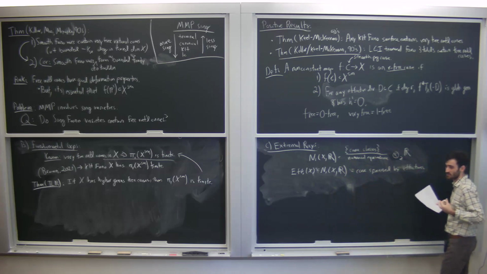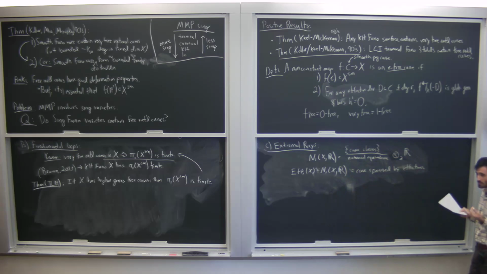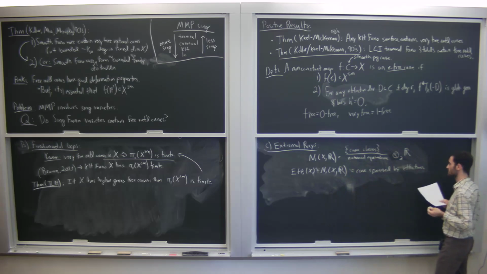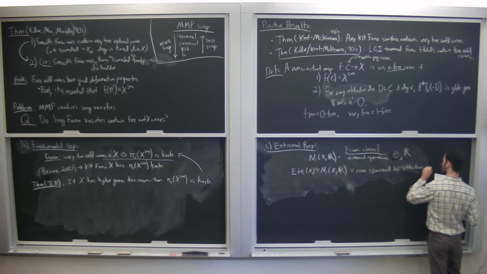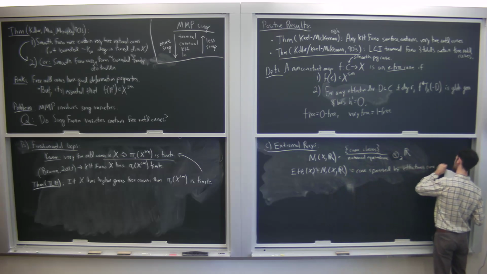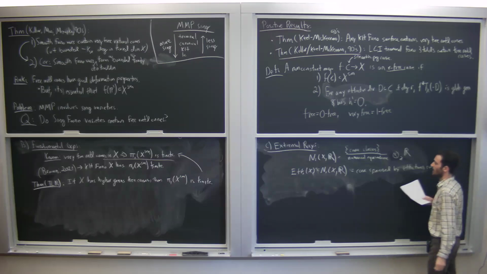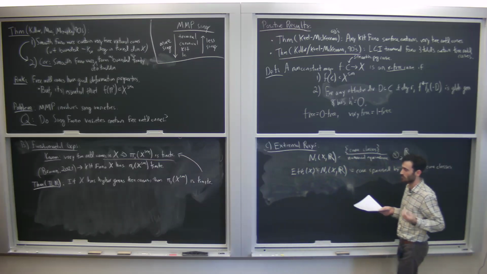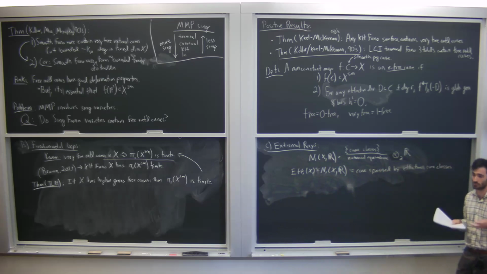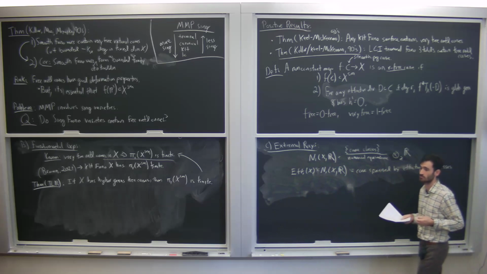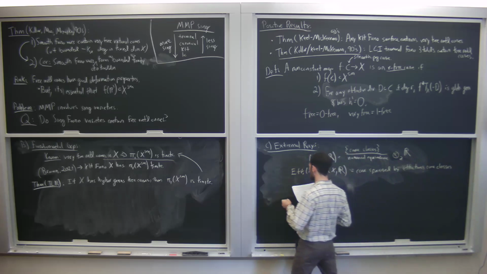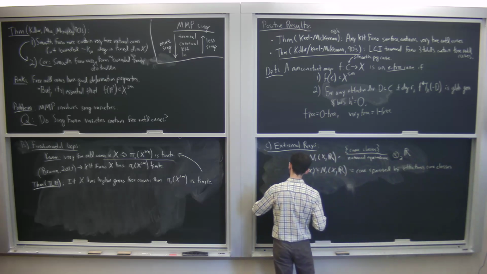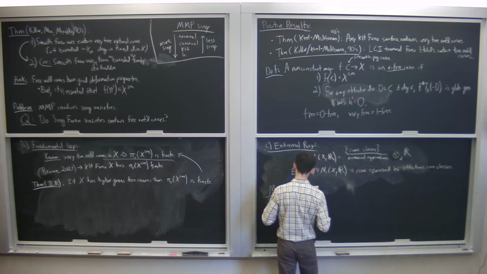I'm not allowing myself to subtract any class of a closed subscheme of X. And for an arbitrary variety, this effective cone can be very poorly behaved. You should take a closure in order to obtain a closed convex cone. But for a Fano variety, or more generally for any smooth variety, Mori showed the following.